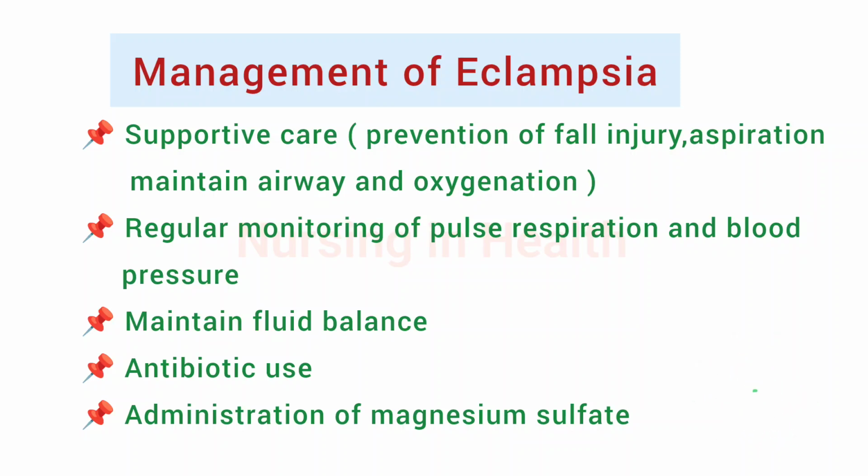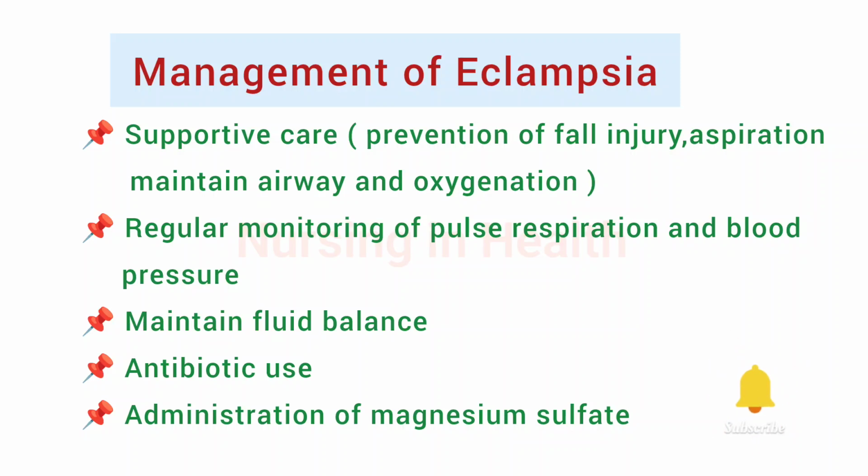When oxygen saturation falls below 92%, ABG or arterial blood gas analysis should be done. And if blood pH is below 7.10, sodium bicarbonate should be given. Regular monitoring of pulse, respiration and blood pressure for any changes of patient condition.